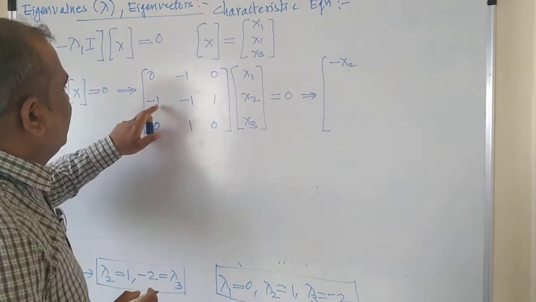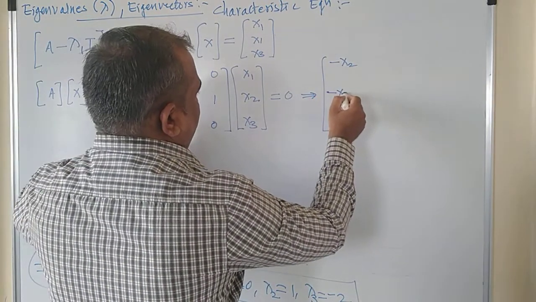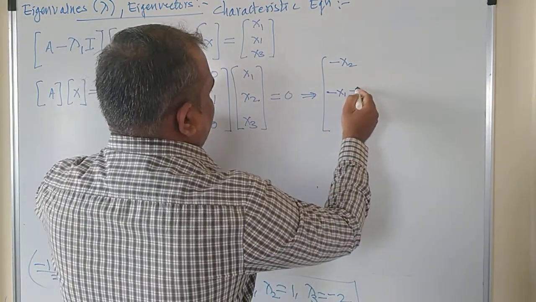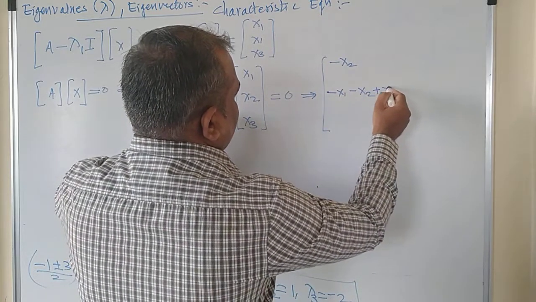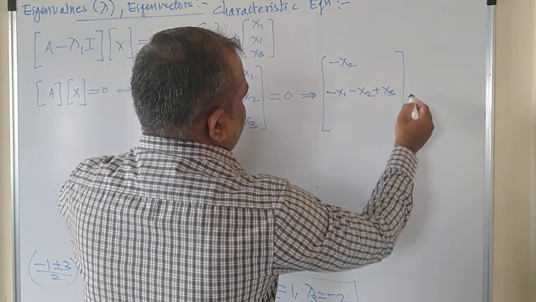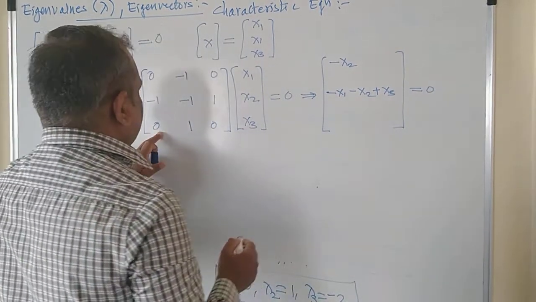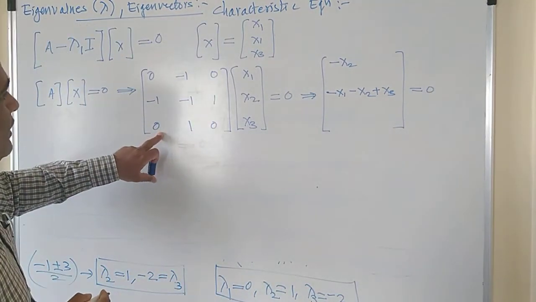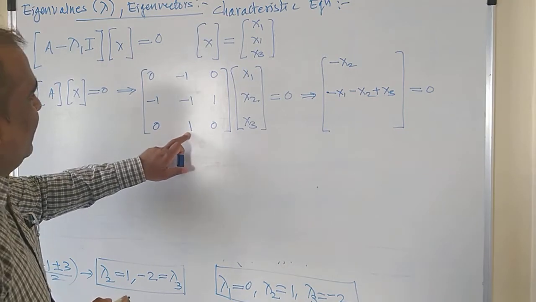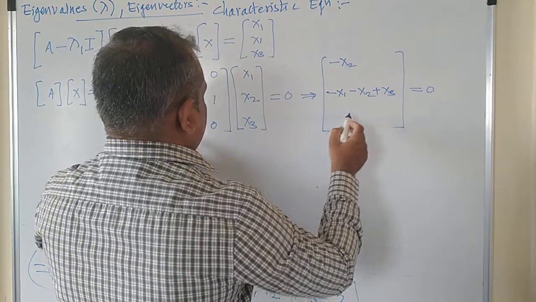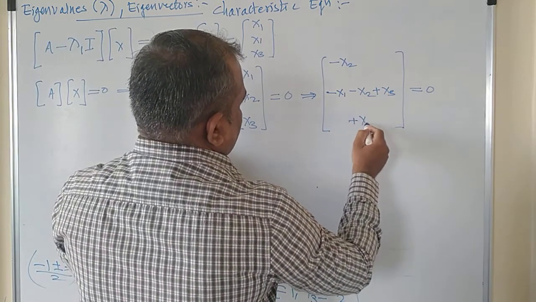The second one is minus x1 minus x2 plus x3, and the third element after multiplication will be 0 x1 plus x2 and 0 x3, so plus x2.